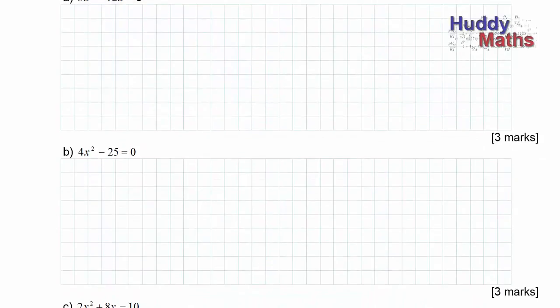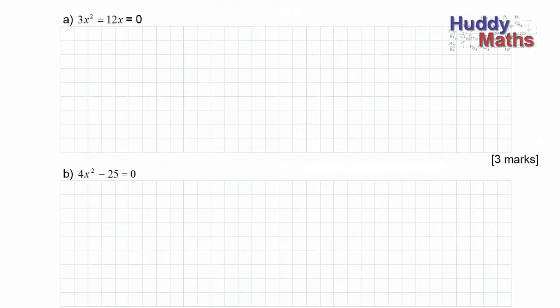We're going to use the null factor law to solve this. That's one more step. So we'll need to factorise it. So put in implies. What goes into both of these? Oh, that should be a minus there. What goes into both of these? 3x. And 3x by x is 3x squared. Take 3x by 4 would be 12x.